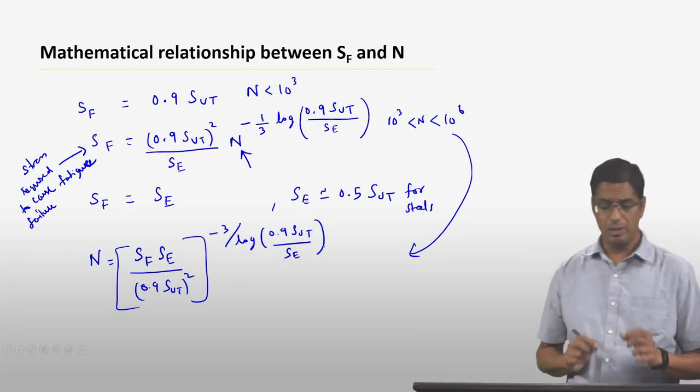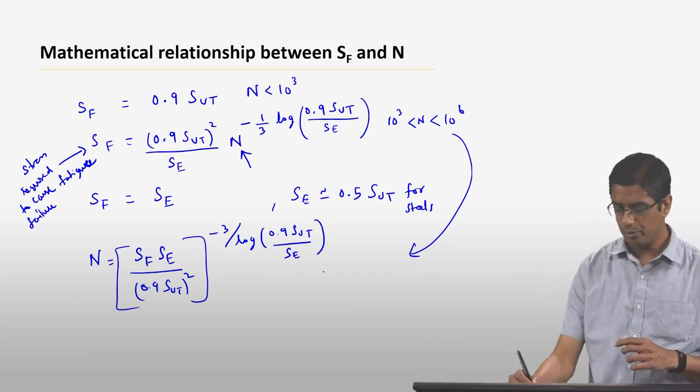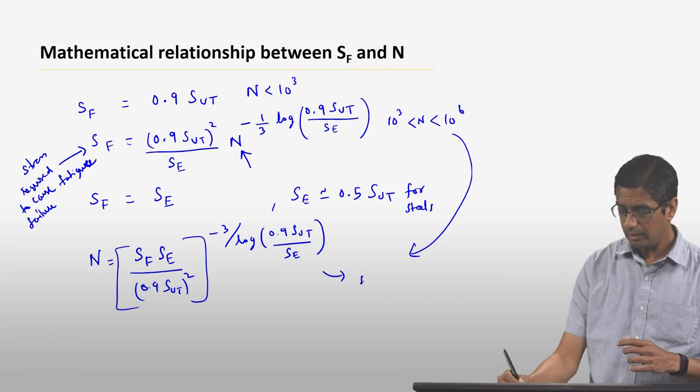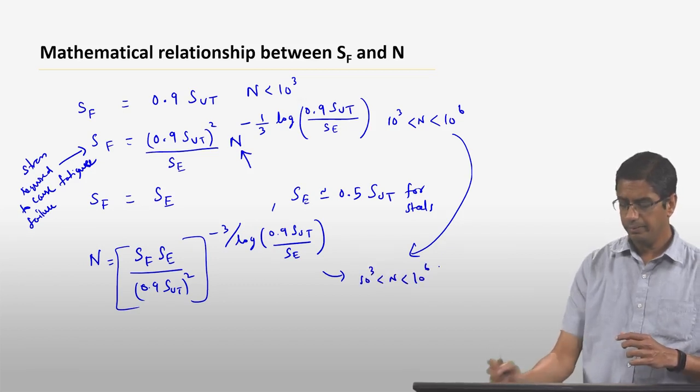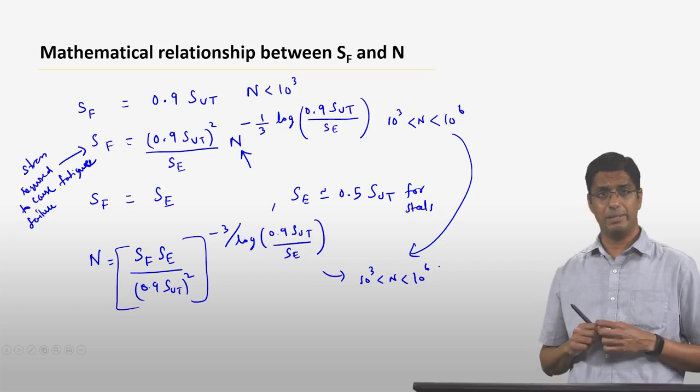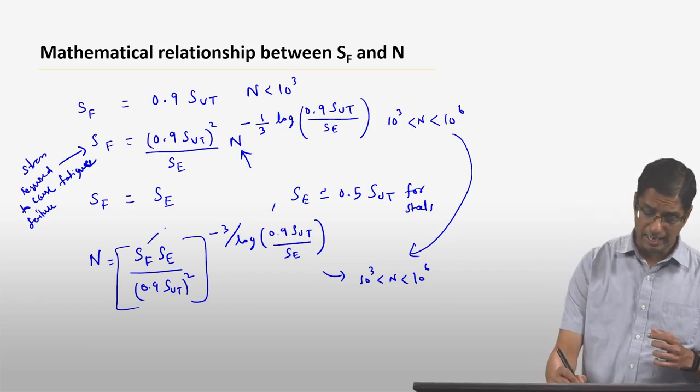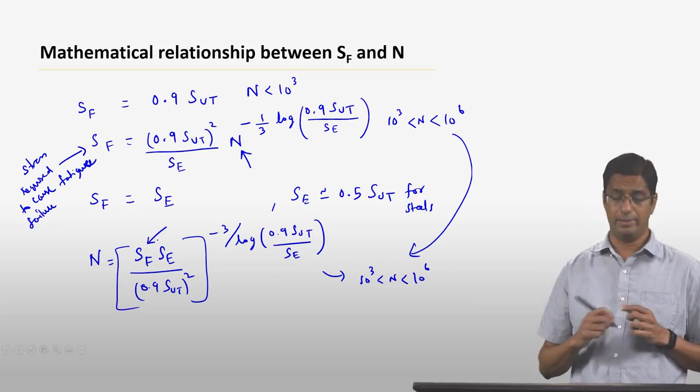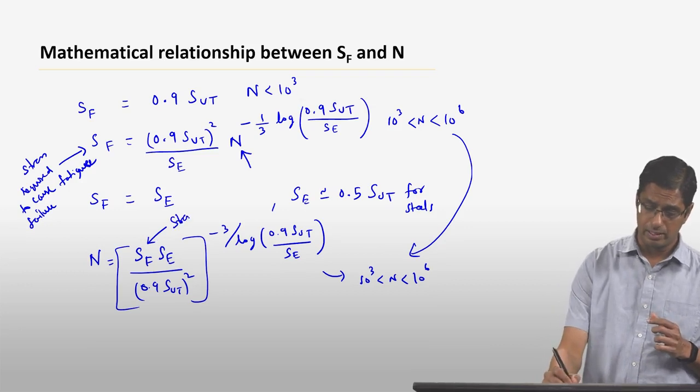This is true for 10^3 less than N less than 10^6. You can think of this relationship as, if I tell you what stress I'm going to apply, this is the stress applied.